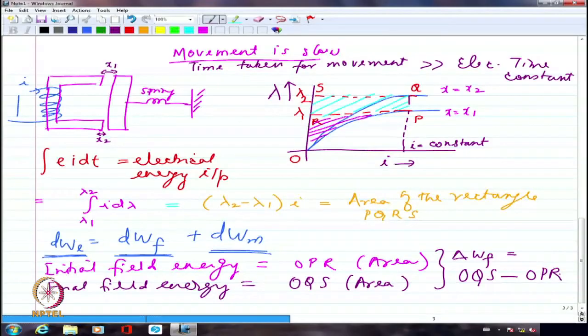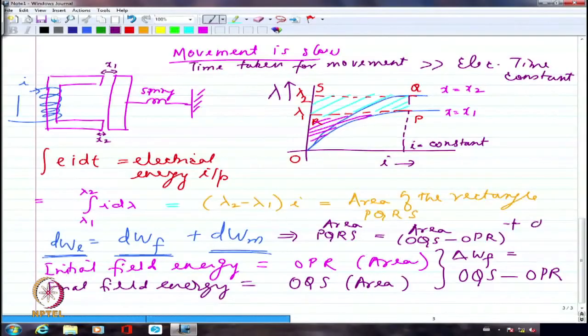These two areas, whatever the difference is, that is going to be my difference in the field energy. So from here, the area of PQRS is equal to the area of OQS minus OPR plus dWm, which is the mechanical energy.